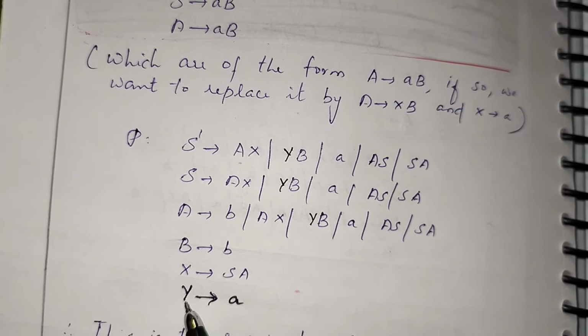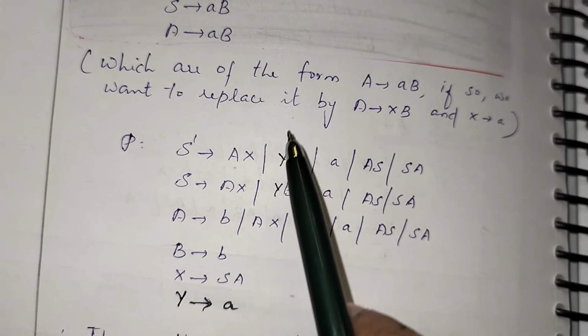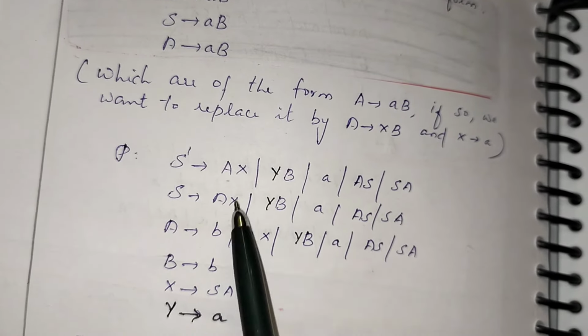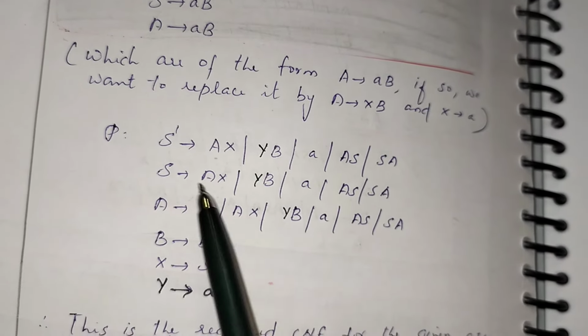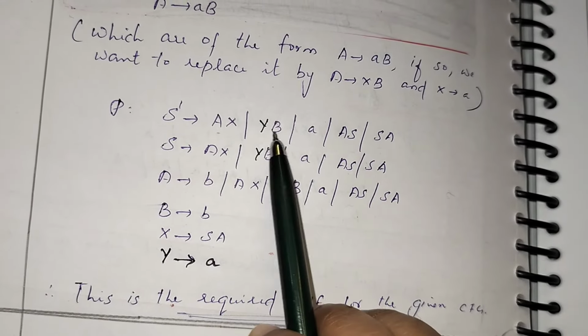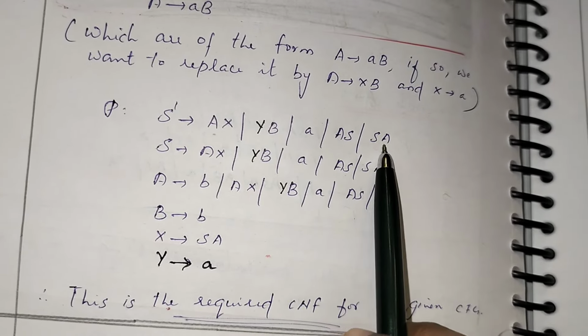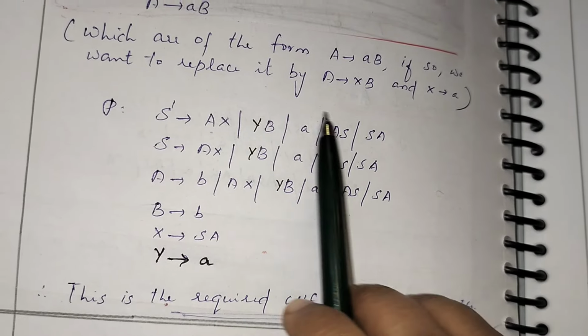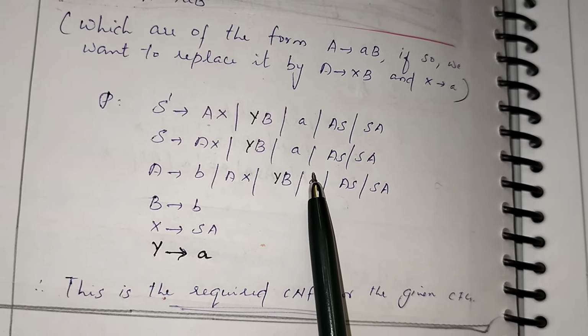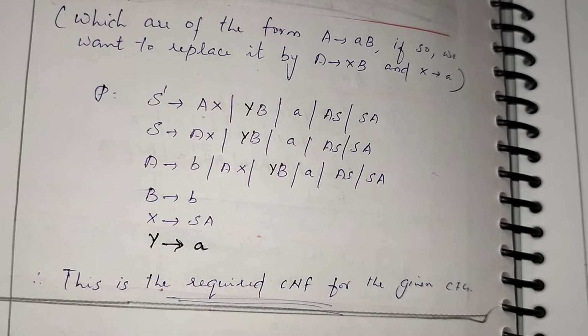So Y gives a, right? The remaining are CNF. Okay. So these are all in the CNF format. Two non-terminals, single terminal, two non-terminals. So you can check the right hand side. It will be in the form of two non-terminals or a single terminal. So this is the required CNF for the given context-free grammar.